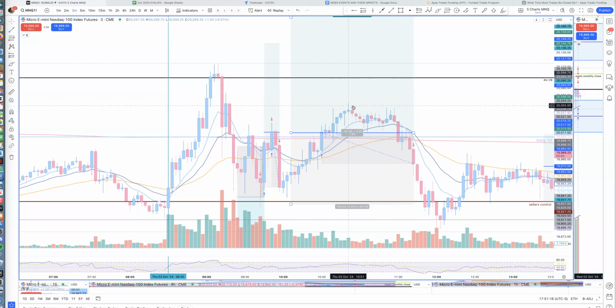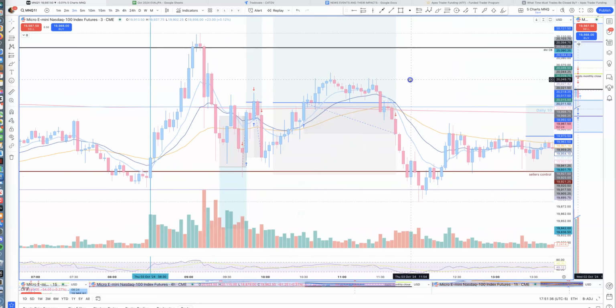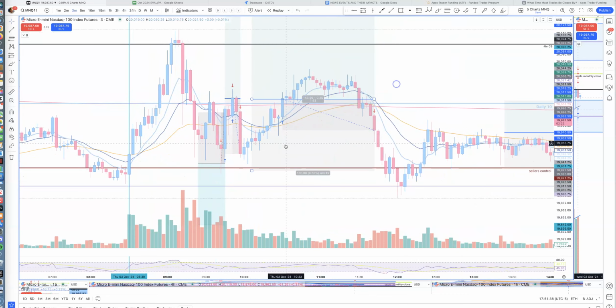And on this particular trade, because the stop was so large, I only did one contract. If I would have played 2 contracts, maybe I would have taken one off here, but I couldn't really do that. So at this point, I'm really just trying to manage my stop. That's really it. And I did that and got out on this candle.